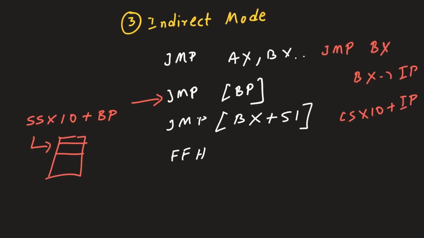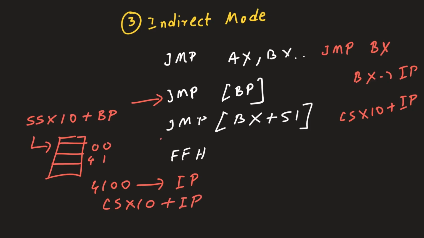Suppose the data is 00, and in the next memory location let the data be 41. So now this 4100 will be transferred to the microprocessor and subsequently it will be loaded in the instruction pointer. And now again the program will jump to this memory location.